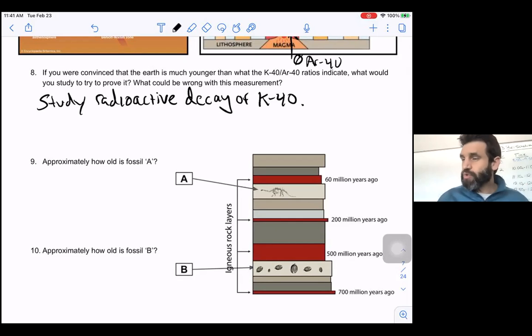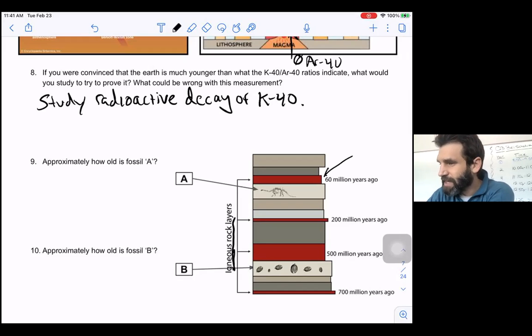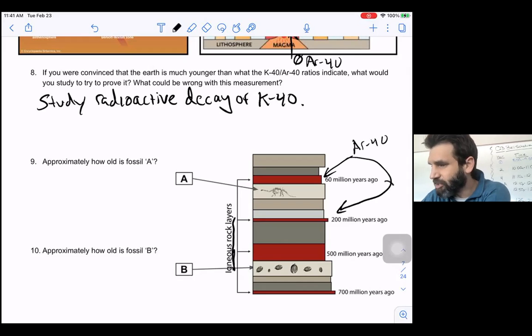And so you can identify the approximate or the relative age of fossils by measuring the layers of igneous rock, which is what we have here. And we measure these by looking at the amount of argon 40. That's how we identify the age of all of these rocks here.